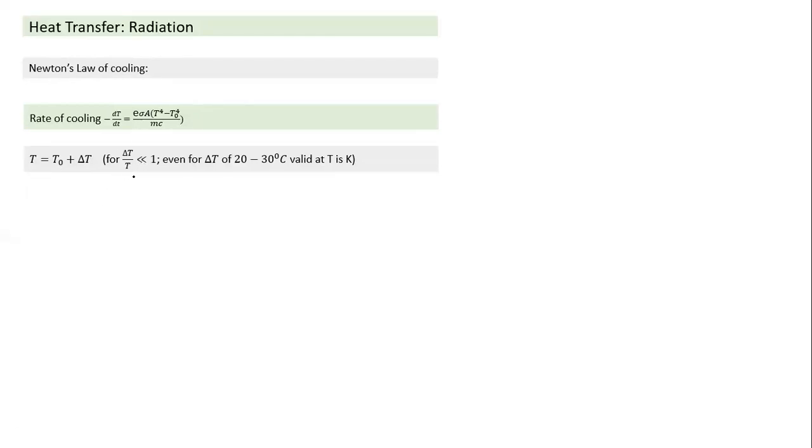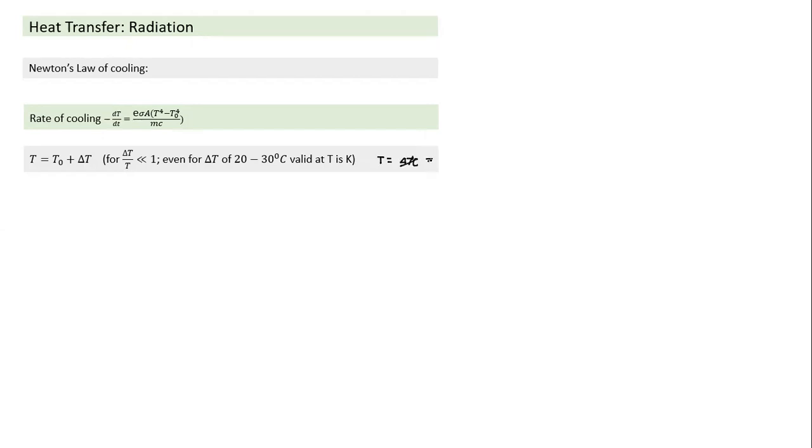Let's try and understand what it means. That's something I think could sometimes be a little misleading. Let's say the object temperature is 47 degrees centigrade. We will not write 47 degrees, we deal with Kelvin here.